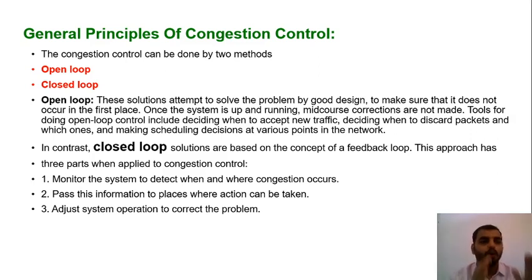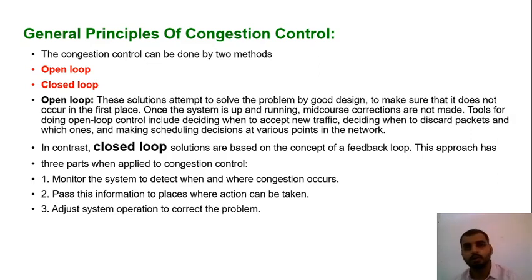So I repeat, open loop is a principle of congestion control in which the loop will avoid packets entering into the network when they come in more than the capacity of the network or more than the capacity of the router.